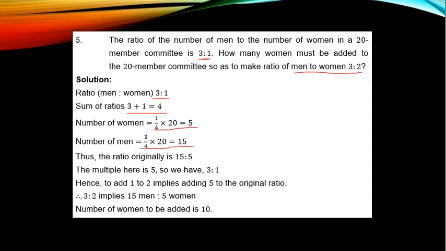Now, the ratio originally is 15:5. That is number of men to number of women. If this is reduced, you have 3:1. So what it means is that 1 implies 5 for women, then 2 implies 10.